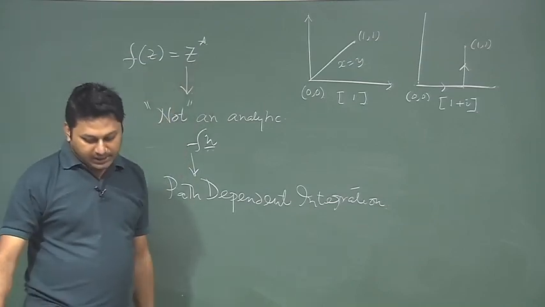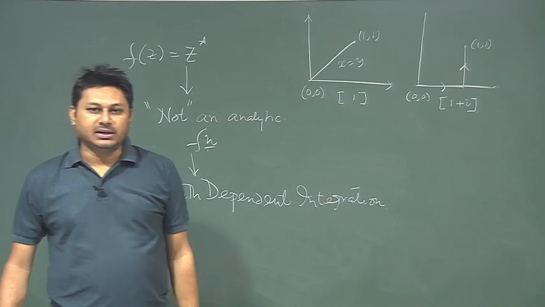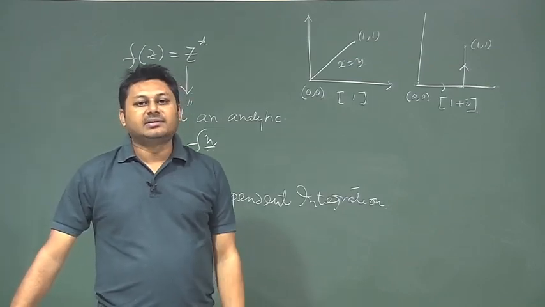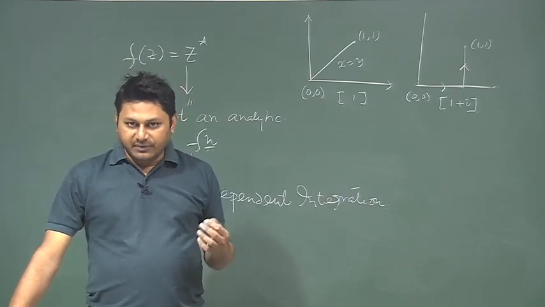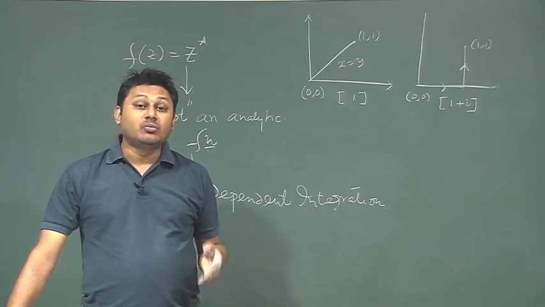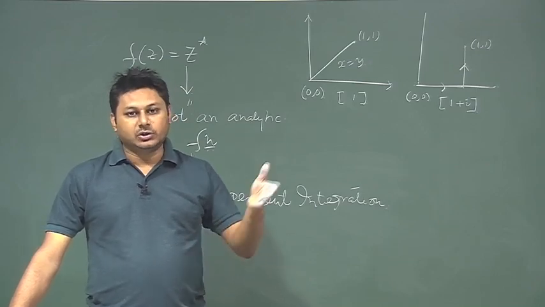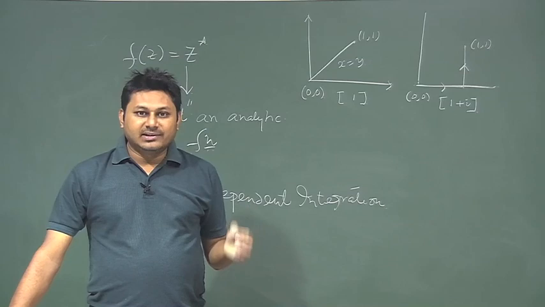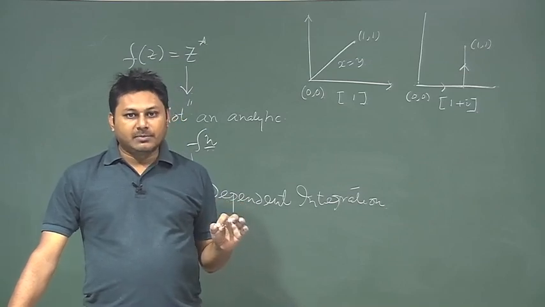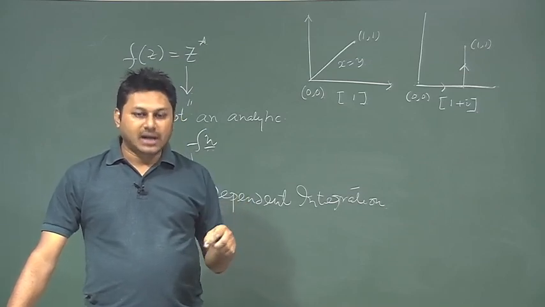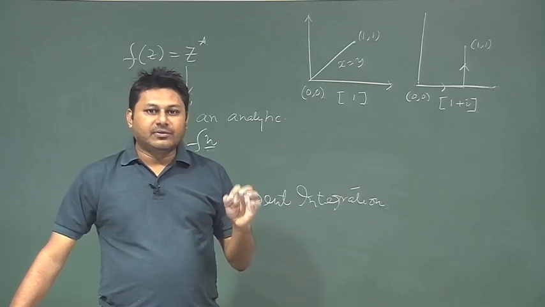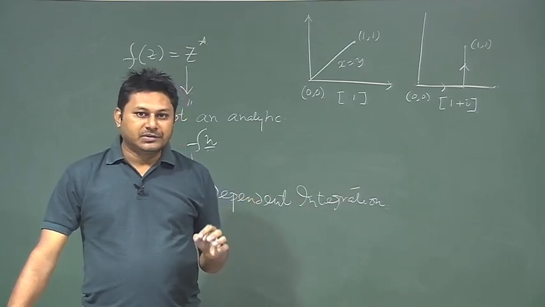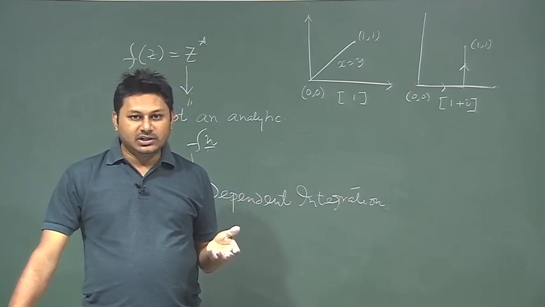So, today we will learn a very important thing. The first thing is that if the given function is analytic and I want to integrate over some given contour, I should not bother about the contour, the line, rather the initial and final value is important, because the integration entirely depends on the initial and final value.